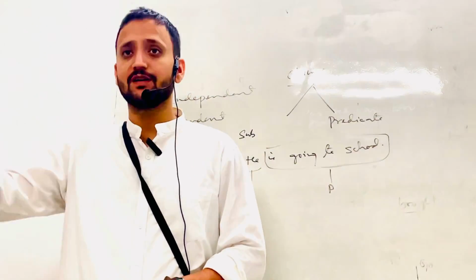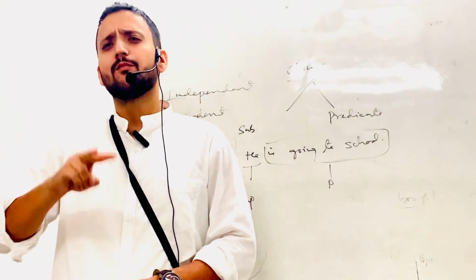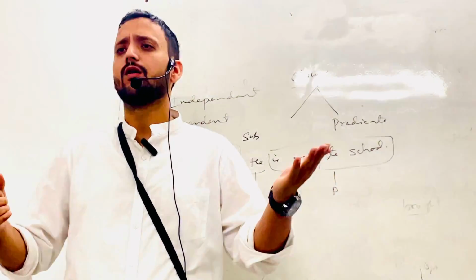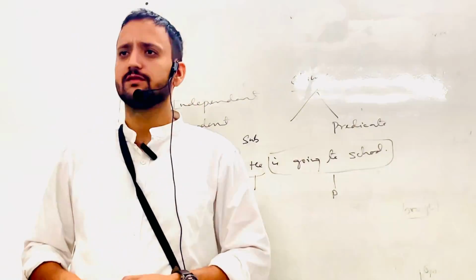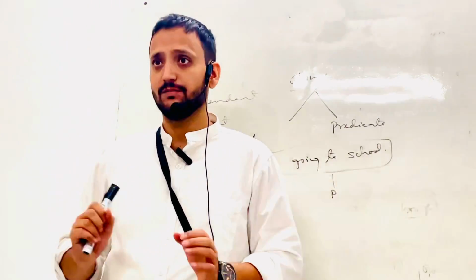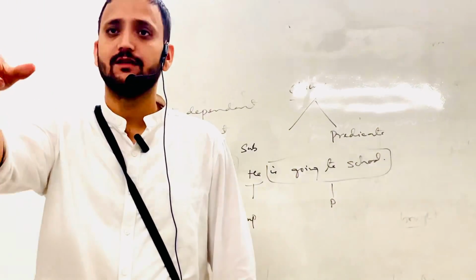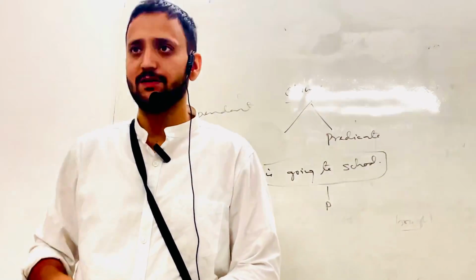In complex compound sentences, there are more than two independent clauses. There can be two clauses or there can be more than two clauses. But at least one clause must be what? Dependent. I repeat myself again.